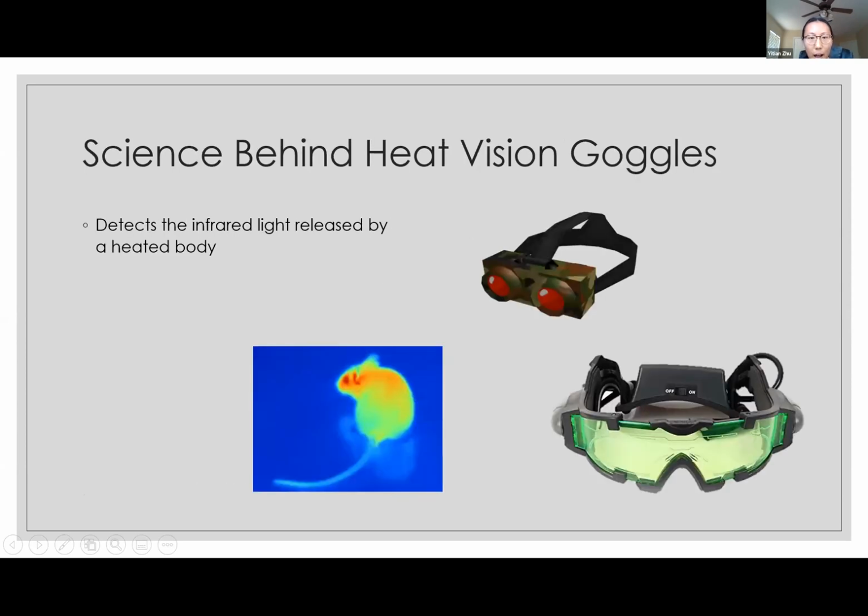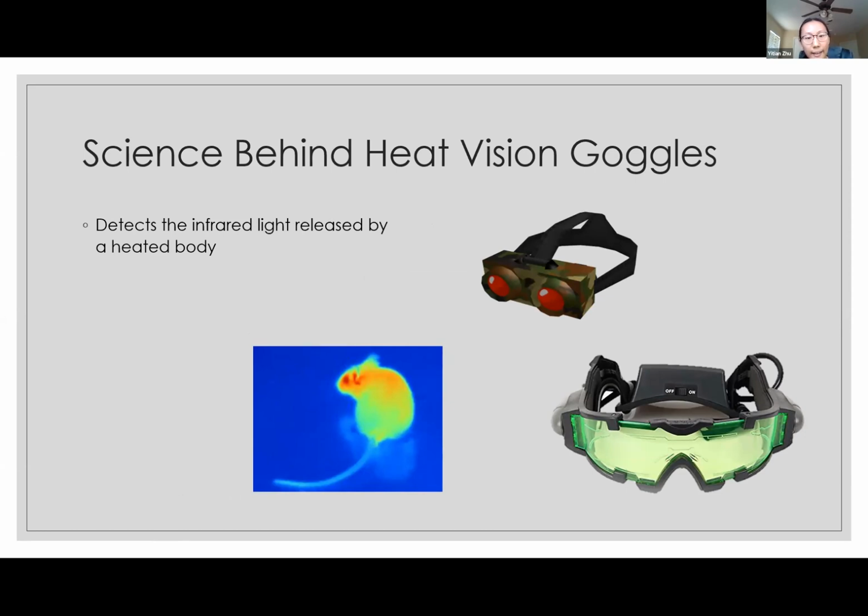And so I just talked about how heat vision goggles work. As you can see, there's a little picture of a mouse, and some parts of the mouse have a little bit higher temperature, like near the face, near the brain, because that's where all the blood flow goes.